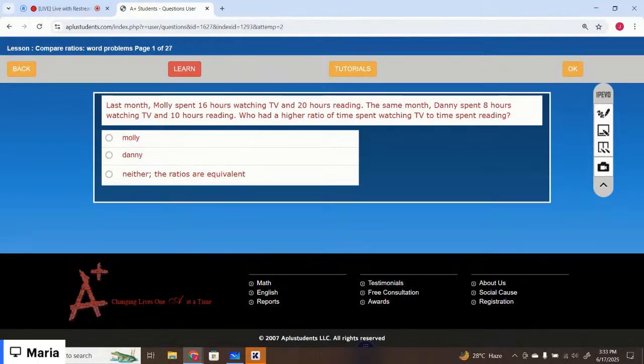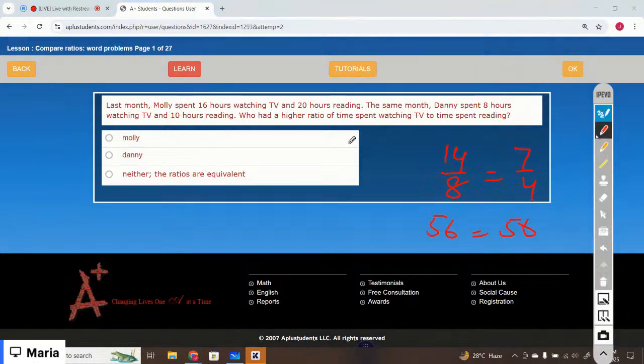So Molly had 16 hours watching TV and 20 hours reading. Then you have 8 hours watching TV and, sorry, 8 hours to 10 hours. So which is the correct option? They are equivalent ratios.